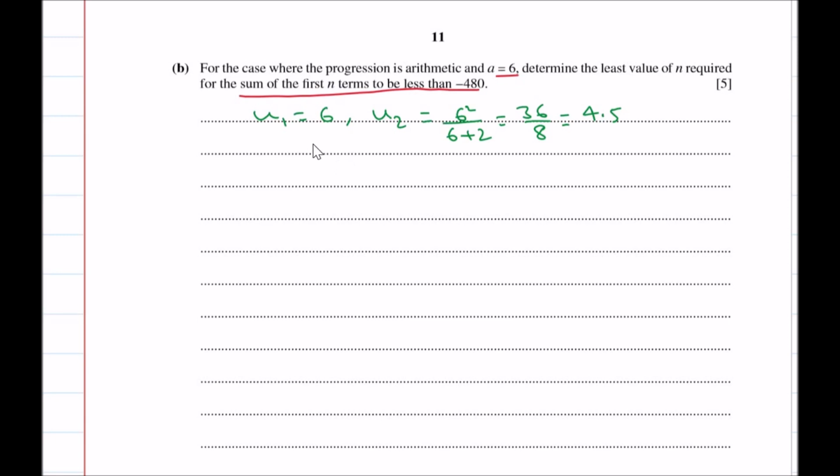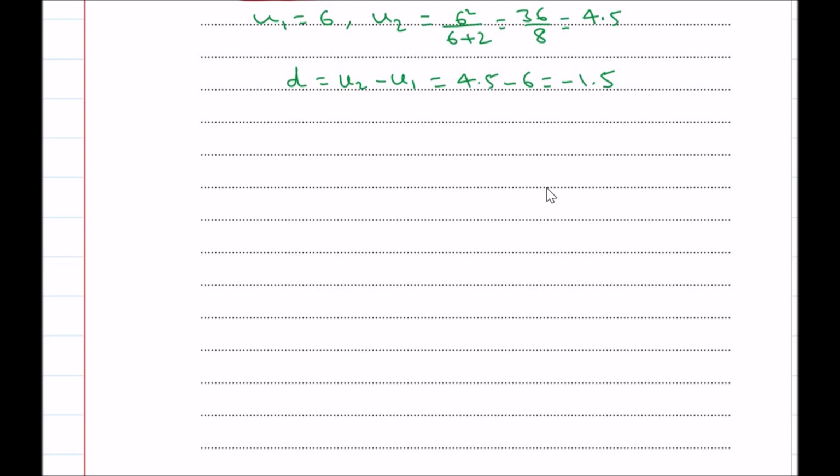So now first term known, second term known, so we can find the common difference d. So d equal to u2 minus u1, that is 4.5 minus 6, that is minus 1.5. So what does it mean? Negative d means it is a decreasing sequence.